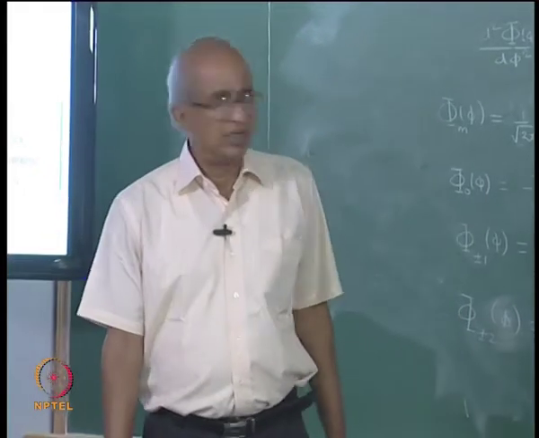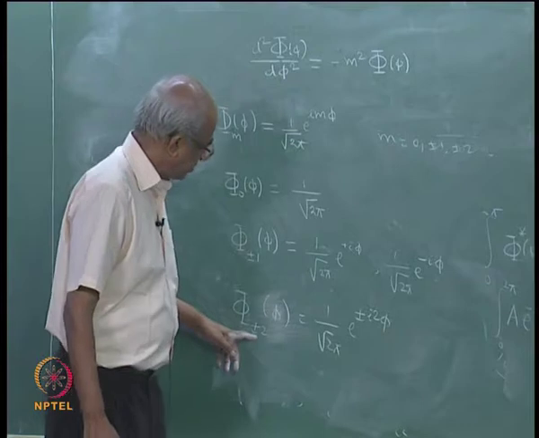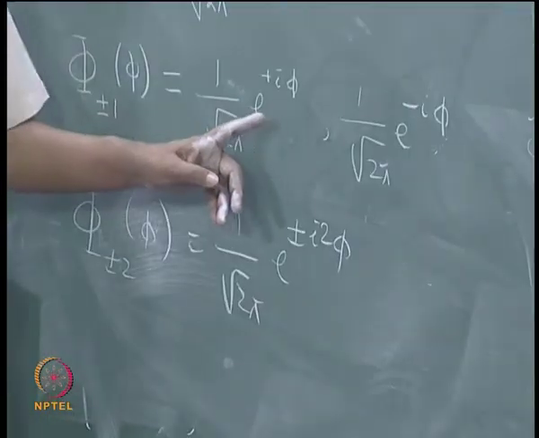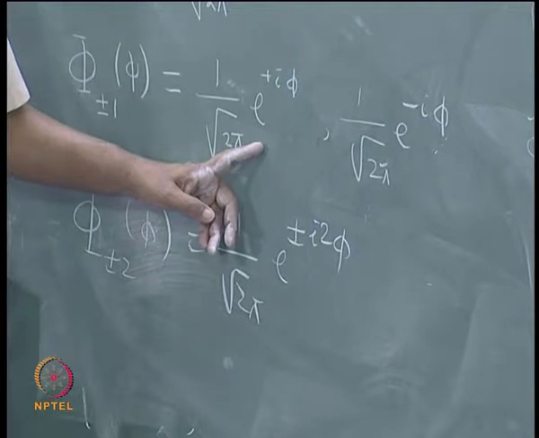right. Now you will realize that for m equal to plus or minus 1 or m equal to plus or minus 2, the solutions that we have written actually are complex, right.